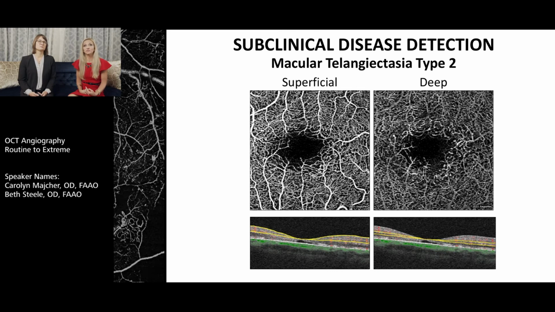In this particular patient, who was actually referred to me with a possible macular hole, OCT angiography makes it incredibly clear that there are telangiectatic type vessels pretty much 360 degrees around the foveolar avascular zone, associated with some atrophy of the outer retina that we can visualize with our structural B scan.